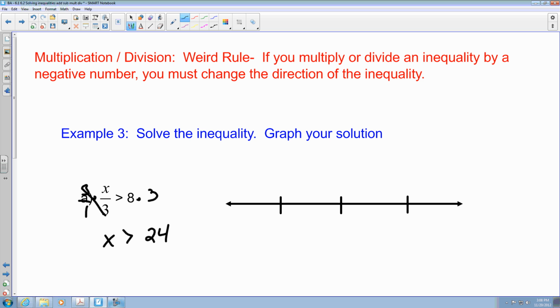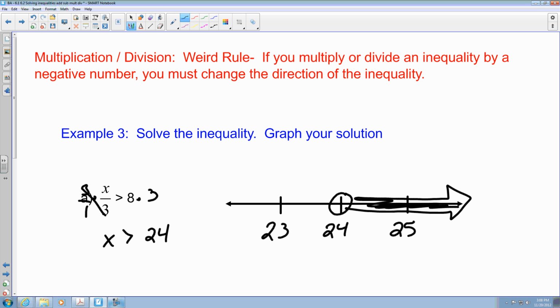So I have 24, like 25, and 23. I have an open circle because it's not a less than or equal to. And my arrow is pointing towards the right-hand side, so I'm going to shade the right side of my graph.